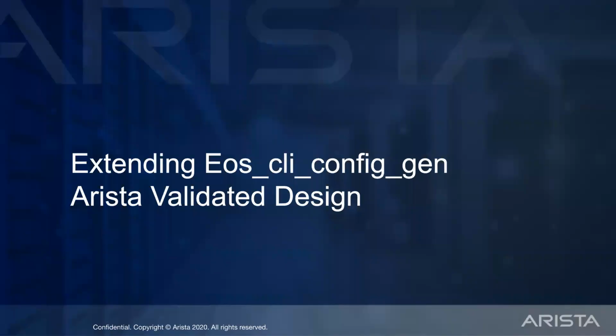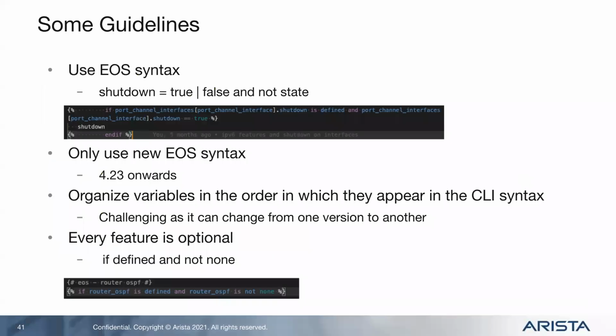So let's talk about if you wanted to extend our config gen. Let's say you want to add a feature or you need to change how it operates. It's easy to do. We provide a few basic guidelines to people about how we ask them to do that.